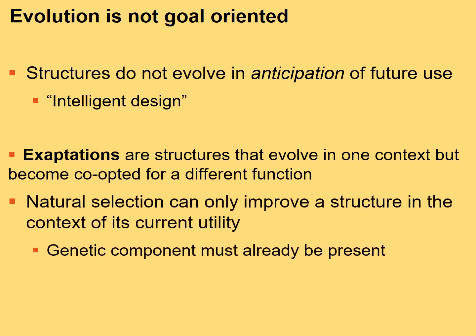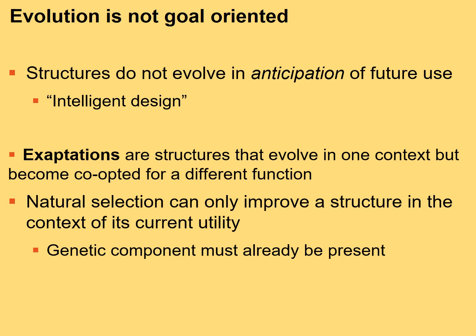Now, evolution is basically just like tinkering, right? It's just a process where mutations occur and new forms may arise, or there might be some modification of a form that already exists. The modification of a form that already exists is called an exaptation, right? So exaptations are structures that evolve for one purpose, one function or one context, but then evolve for a different function.